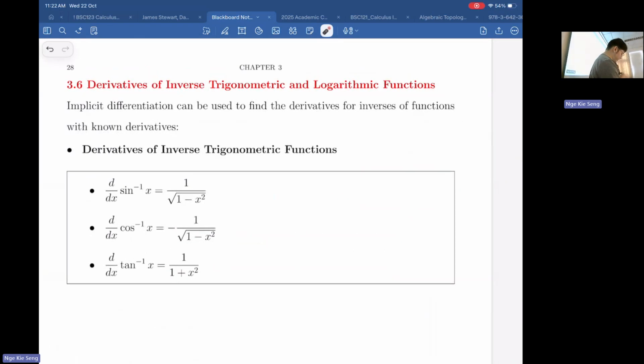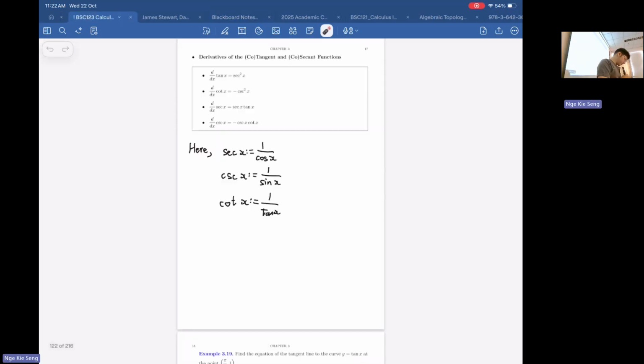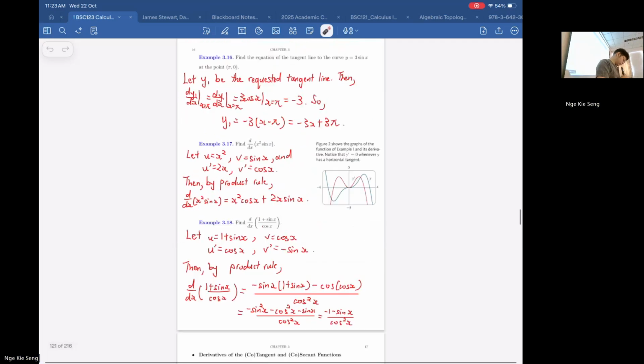So, derivative of inverse trigo here. If you just look at this formula, you can just take the formula sheet and apply this. Whenever you see inverse of sin x, you put down this derivative. But the point here is, how we derive this derivative is actually using the implicit differentiation way.